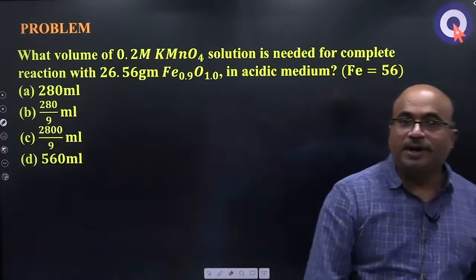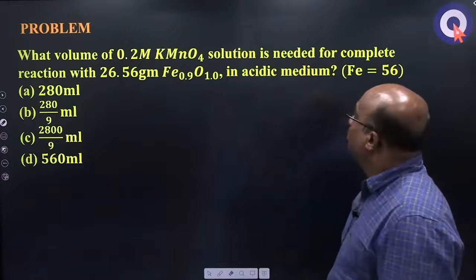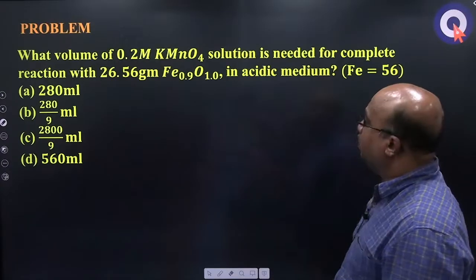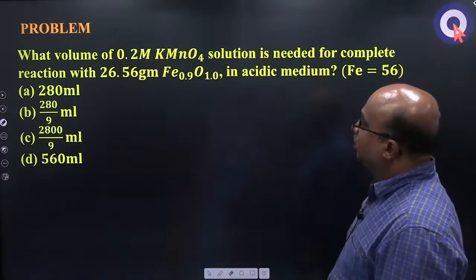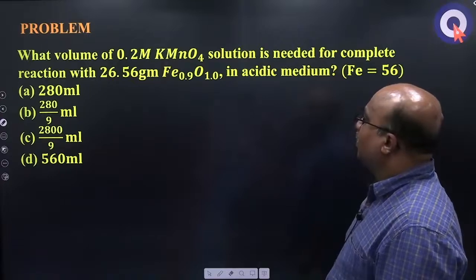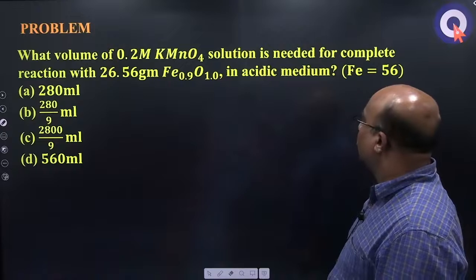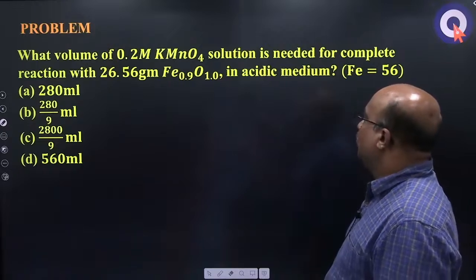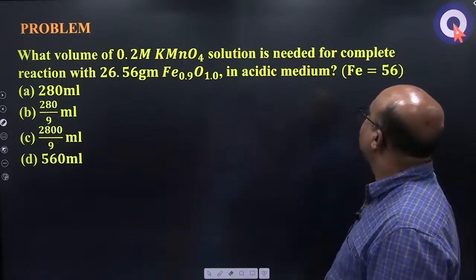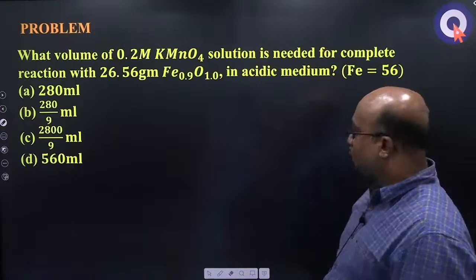Next, what volume of 0.2 M KMnO4 solution is needed for the complete reaction with 26.56 grams of Fe0.901O, or Fe0.9O, in the acidic medium?